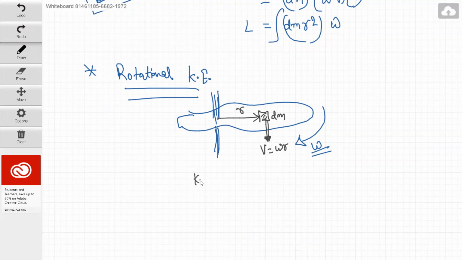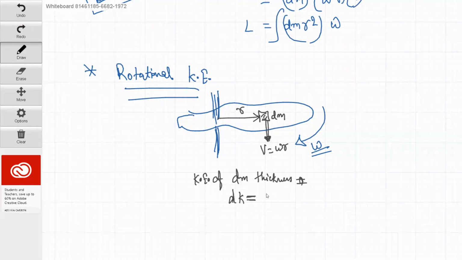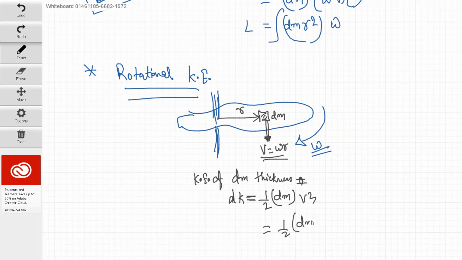So what is the kinetic energy of the dm thickness? That is dK, equal to half into dm into velocity square. What is the velocity? Velocity is omega r, so this is half dm omega square r square. Is this okay?